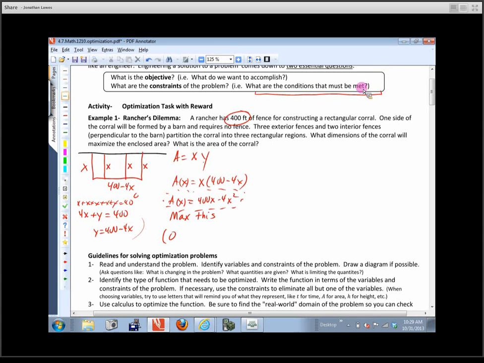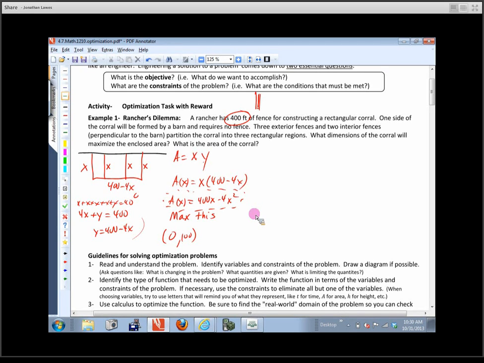So do we need to check to see if that endpoint is the maximum? No, it's not. What's the largest x could be? Really close to 100. So the real-world domain for this is 100, and that would look like this. Coming out just shy of 100 feet, going over a little bit and coming back, and then having 2 fences in the middle there.